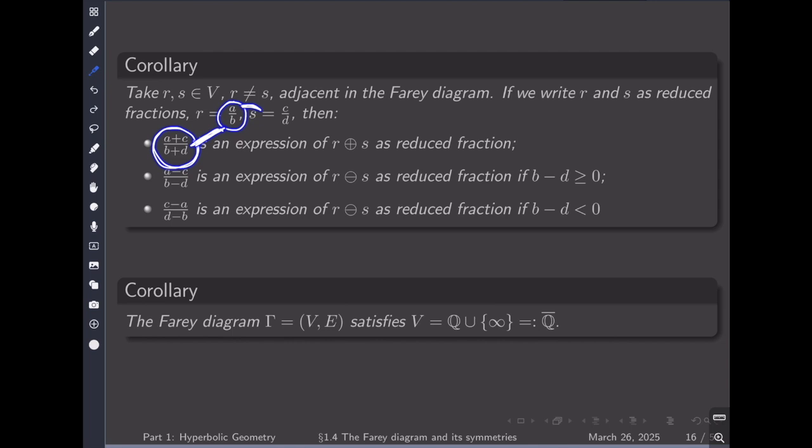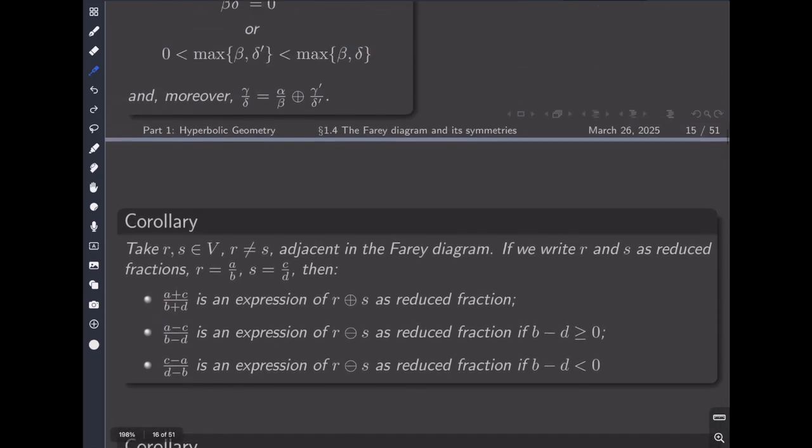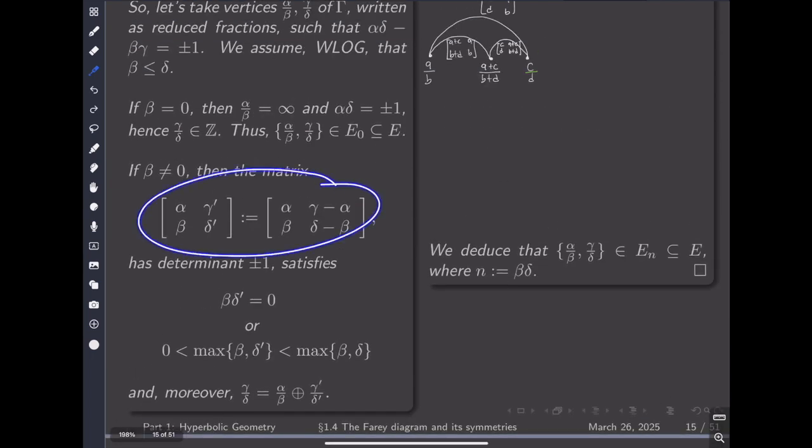So the determinant is plus or minus 1, which means that if I just consider the expression of the determinant equal to plus or minus 1, it gives me a Z-linear expression of the numerator and denominator to plus or minus 1, which means that these are coprime. These are already coprime, which means this is already a reduced expression for the naive addition. And similarly for the naive subtraction, because that's actually what we used to be able to force the descent.